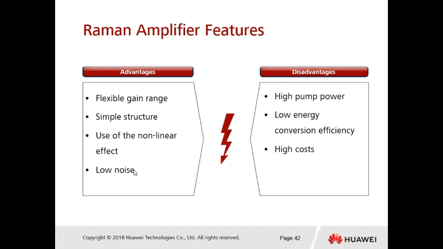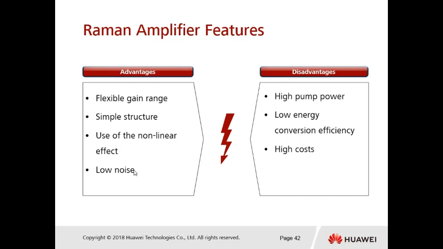Okay, so you can compare the Raman amplifier with EDFA. You will find those two amplifiers have very big differences. For example, EDFA has a fixed gain range, right? Only 50-50 nanometers. But Raman has a flexible gain range. Any wavelength can be amplified, right? The EDFA has a very complicated structure. The Raman has a simple structure. EDFA has high noise, the Raman amplifier has low noise, right?